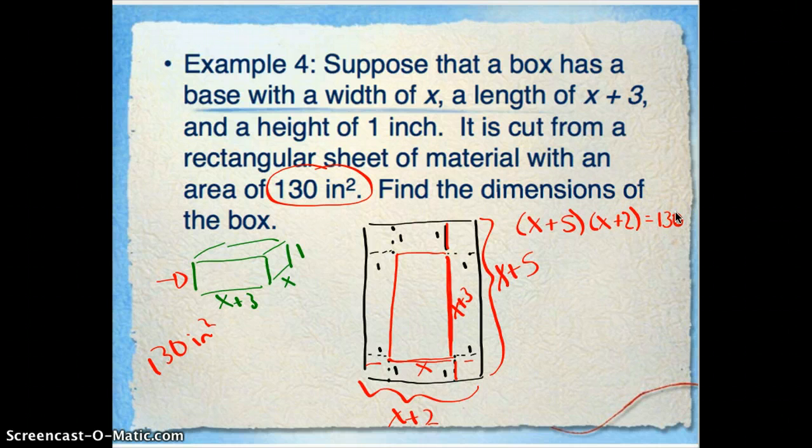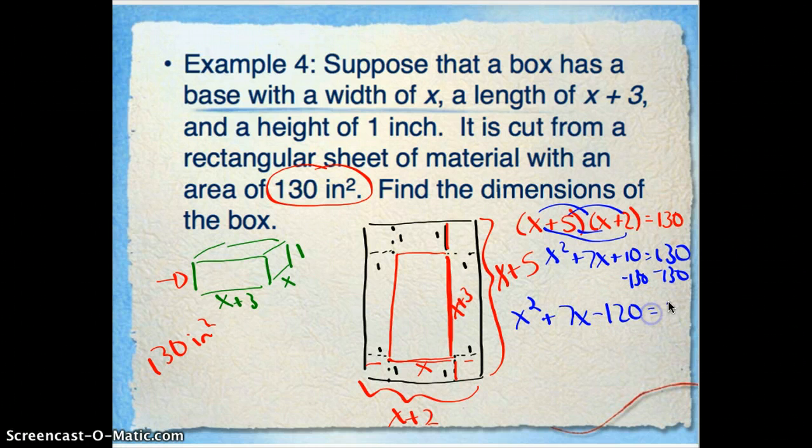Okay? And to solve this, I would get it all into standard form and set one side equal to 0. There's other ways too, guess and check obviously. So if I multiply these out, I've got x squared, then 2x and 5x is 7x, plus 10 equals 130. And now I'm going to subtract 130 from both sides and say x squared plus 7x minus 120 equals 0.